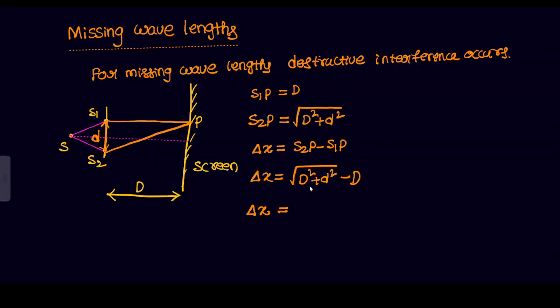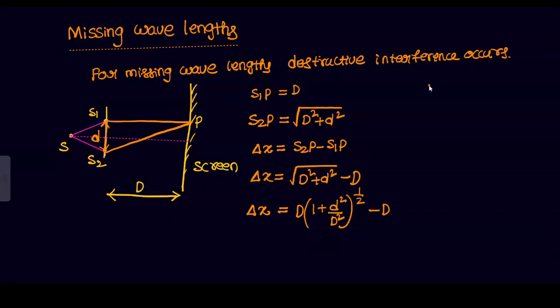If I take capital D common outside, it will come as capital D times (1 plus small d square by capital D square) to the power 1 by 2, minus capital D. Yes or no?